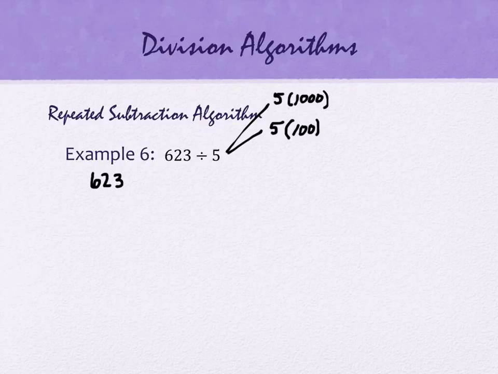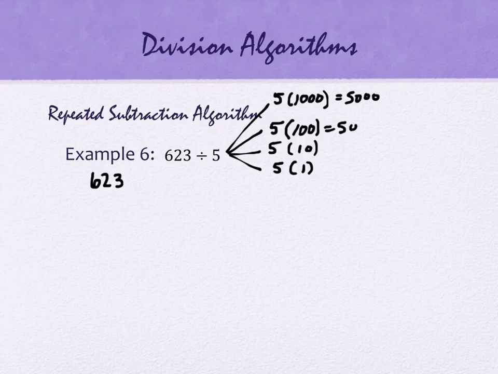So you're subtracting 5 times 100, or 5 times 10, or 5 times 1. The only thing you can subtract are 5 times a power of 10. So in this case, something like 5,000, 500, 50, 5.